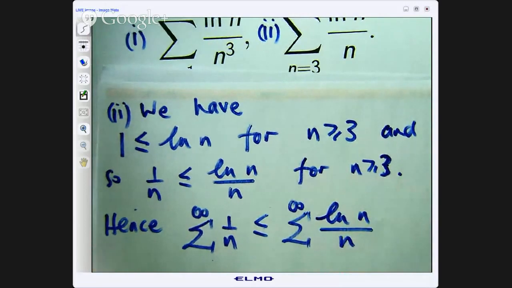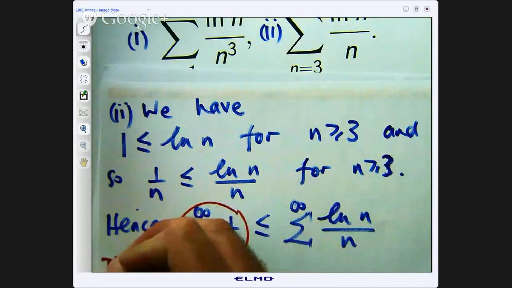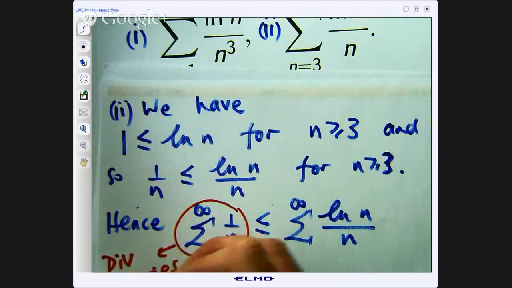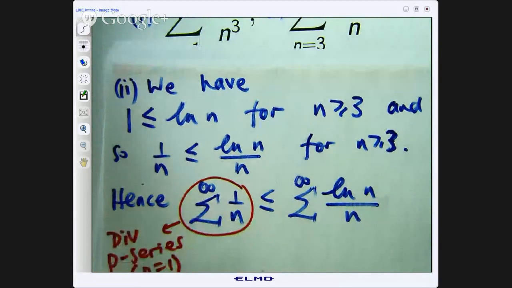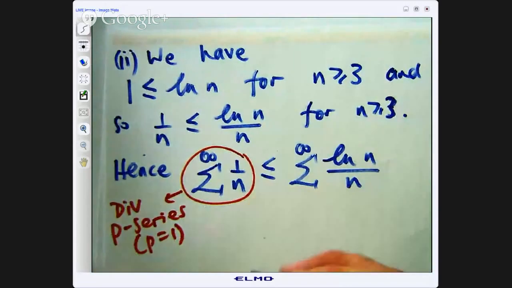Now this, like I said before, is a p series. It's a divergent p series with p equals 1. And we can now make our conclusion.